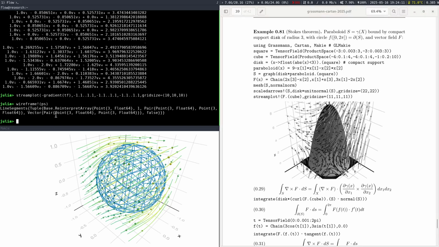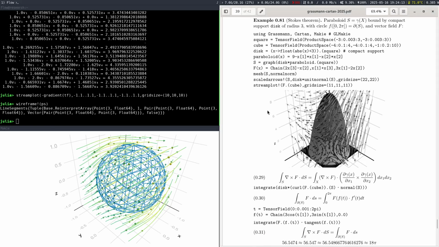So Stokes' theorem. We consider a paraboloid S equals gamma of x bound by a compact support disk of radius 3 with a circle f of 0 to 2 pi, which is the boundary of S, and this vector field f.